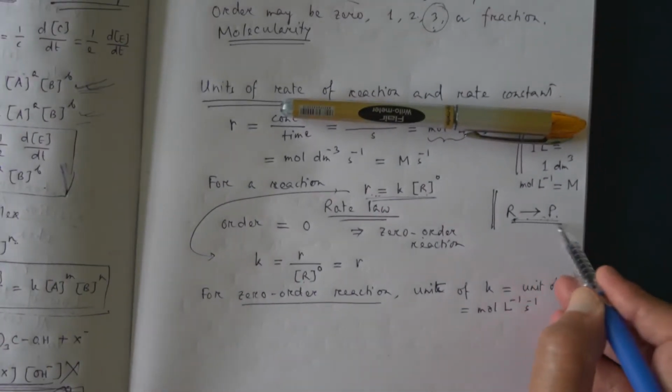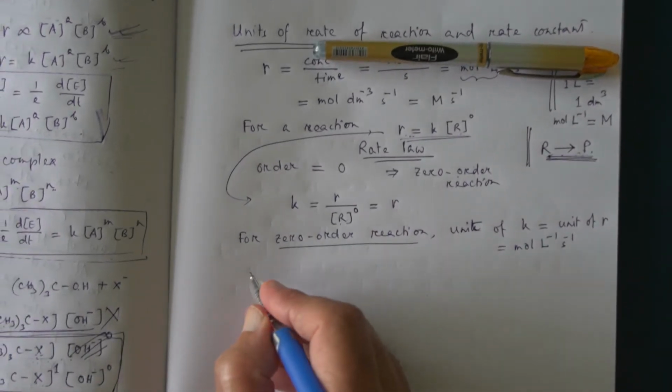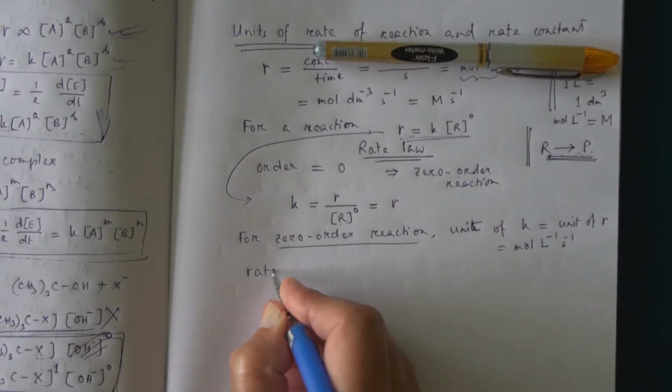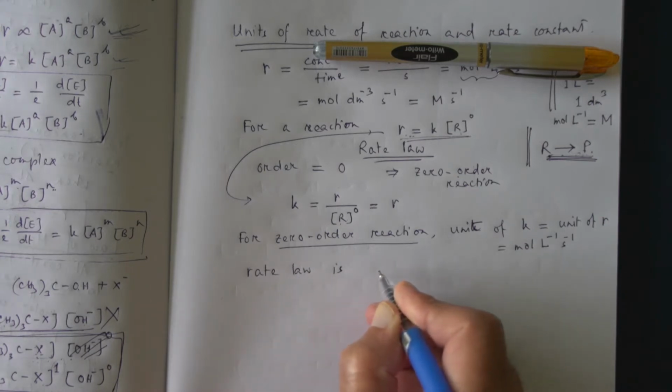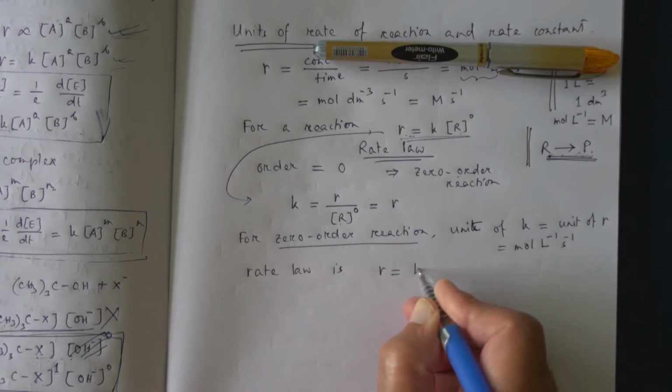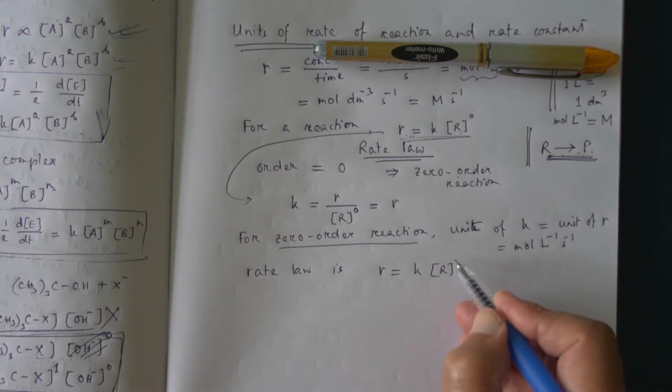Okay, now say the reaction is a first order reaction. Now say for this reaction the rate law is R equal to K C to the power 1.